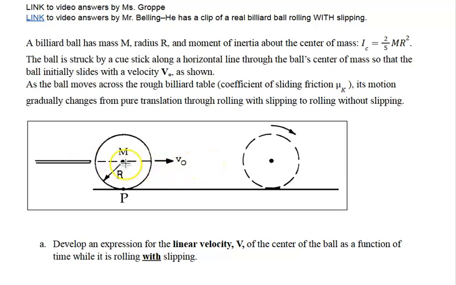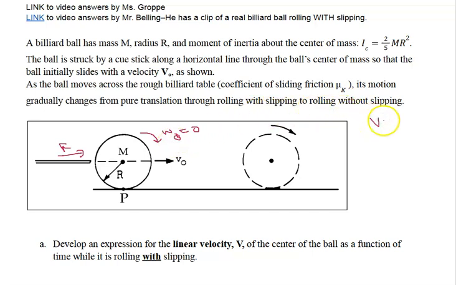The reason it had to go through the center of mass is it has an initial linear velocity because this clearly exerted a horizontal force. But because it passes through the center of mass, it's not going to make it start rotating. So omega naught is 0. So it is translating, but not rotating.